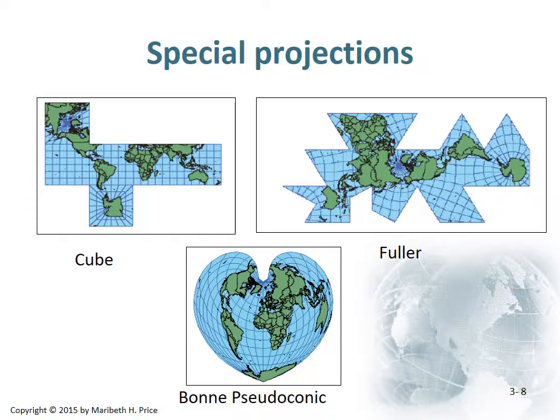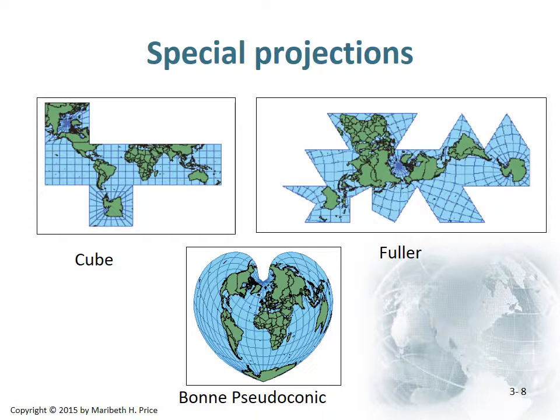Map projections being mathematical, statistical, geometrical things, we can come up with all kinds of weird projections that don't necessarily serve any practical purpose, but they just look cool and they're neat. Some of these here, we see the cube, the Bond pseudoconic, and the Buckminster-Fuller Dymaxion.